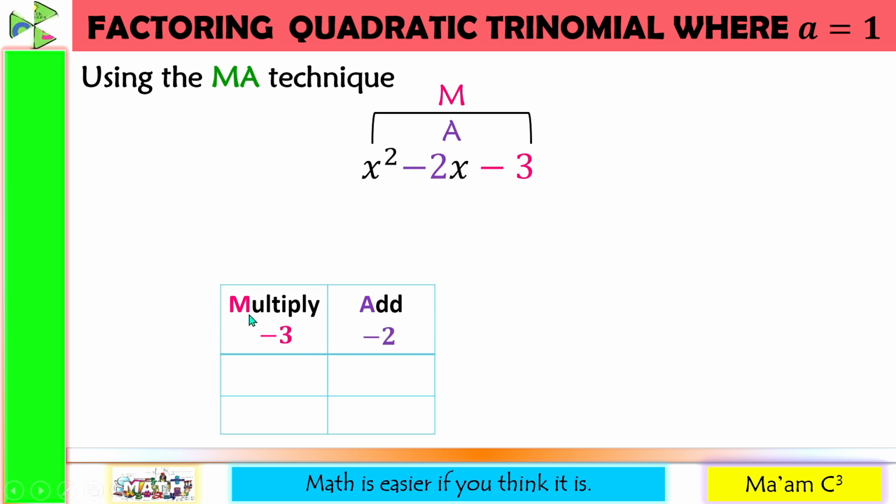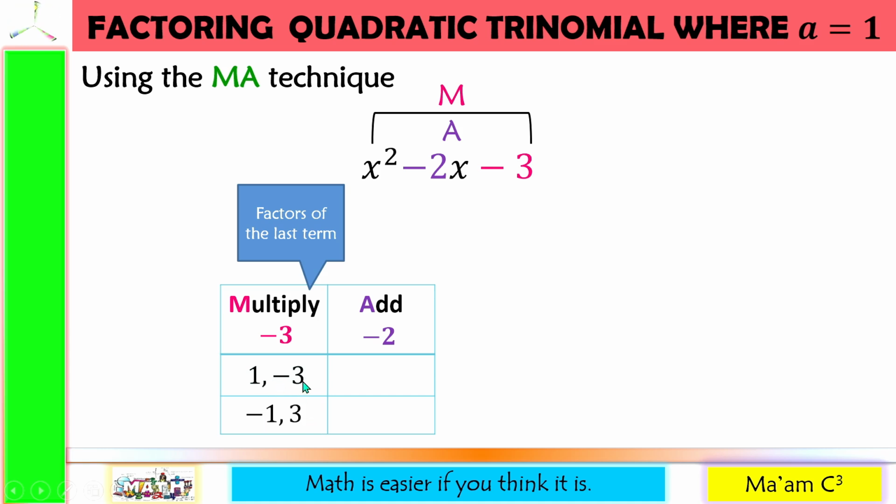For multiply, all I have to do is to determine the factors of negative 3. So I'm going to think of numbers that when multiplied will give me negative 3 as an answer. So it could be positive 1 and negative 3 or negative 1 and positive 3. After that, I'm going to add them. So 1 plus negative 3 will give me negative 2.